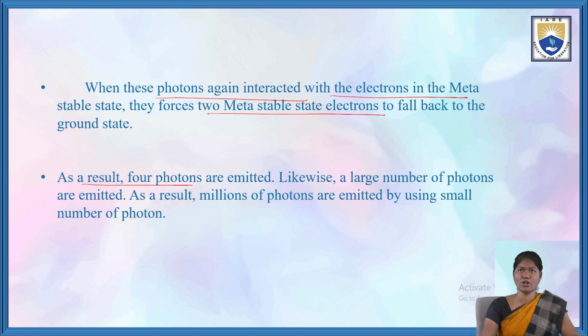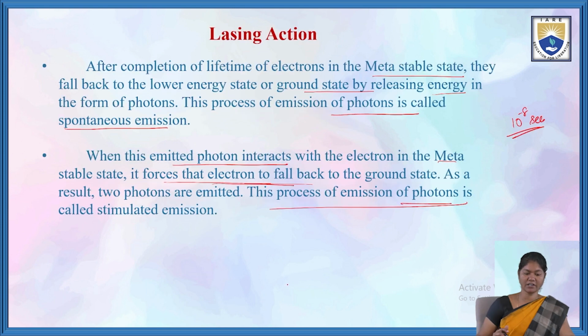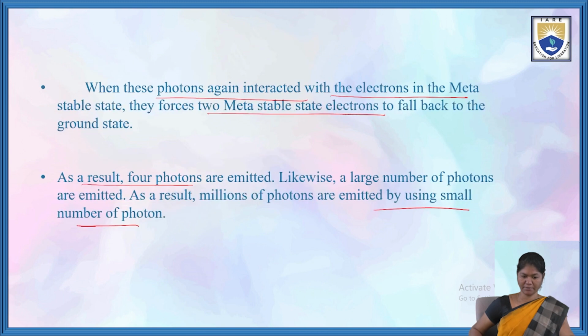Likewise, a large number of photons are emitted. As a result, millions of photons are emitted by using a small number of photons. Here, two photons are emitted through the stimulated emission of radiation. These two photons again interact with the electrons at the metastable state, and then they fall back to the ground state.